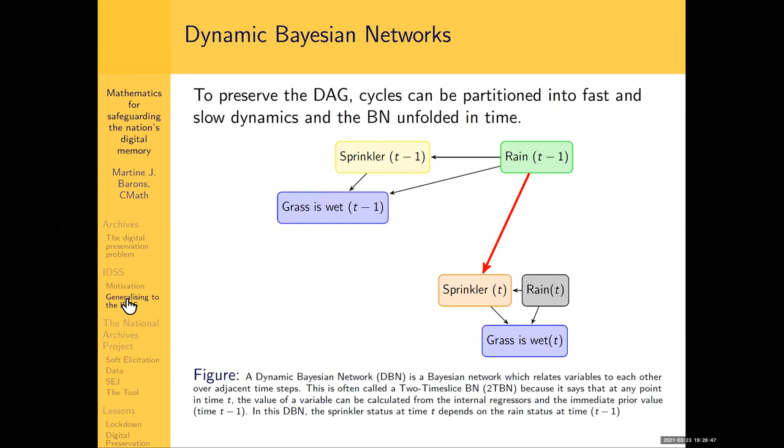Looking at this one, perhaps whether or not it rained yesterday affects whether or not the sprinkler comes on today. You can see that we've got 2 identical copies of the same DAG. The layout's a little different, but the arrows and the nodes are in exactly the same places. And we have this red arrow, this temporal arrow, from rain yesterday to sprinkler today. That way we've preserved the DAG structure, all the mathematics going on underneath it can still be used, and we can still use it in that way.